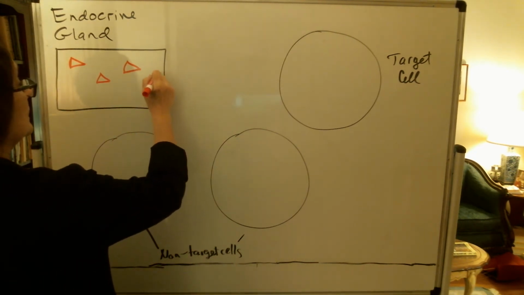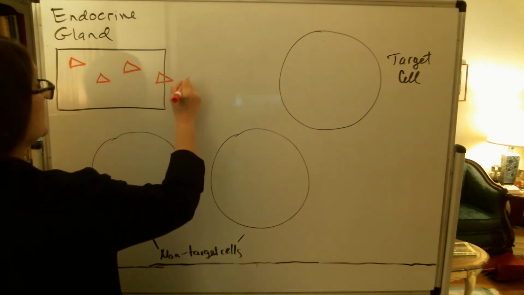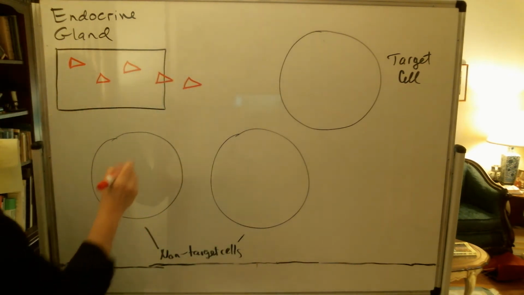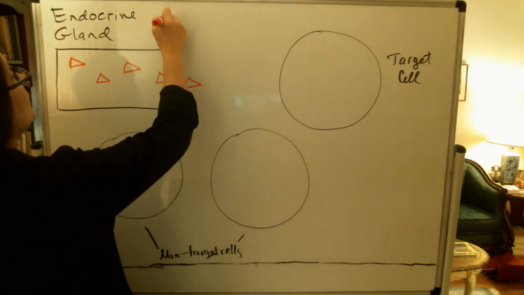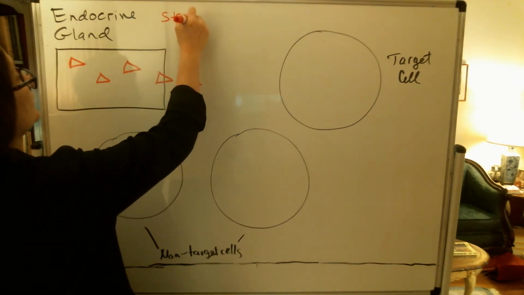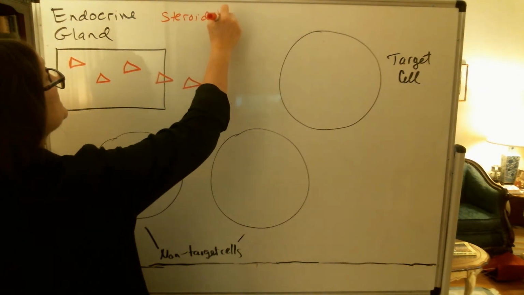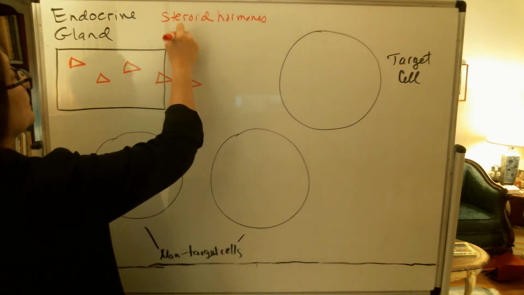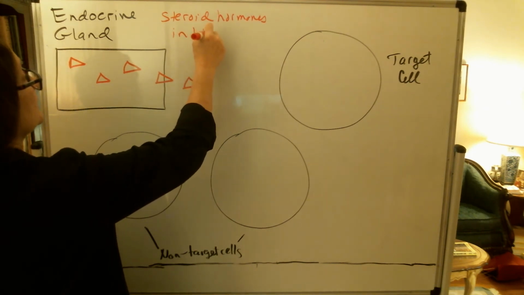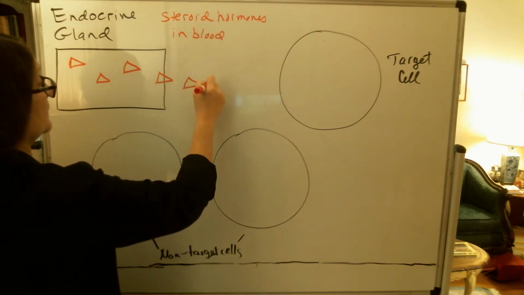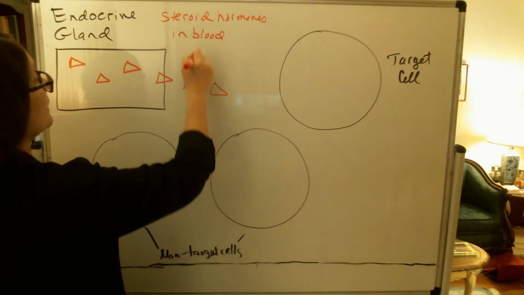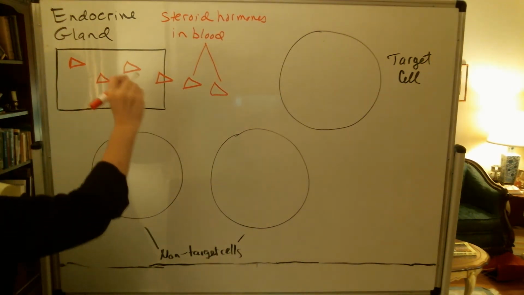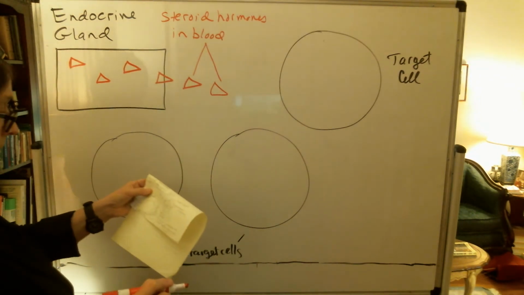So these hormones then leave the gland. And so now here we have steroid hormones in your blood. So here they are. They have left the endocrine gland and they are now in your bloodstream.